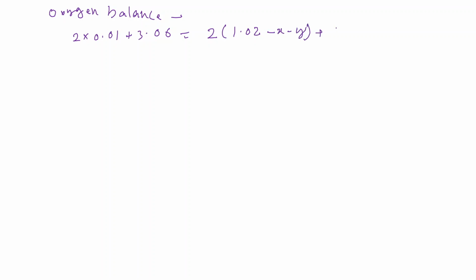What is the oxygen balance? For the entering part we multiply 2 by 0.01 plus 3.06, which equals 2 times (1.02 minus x minus y) plus H2O out.